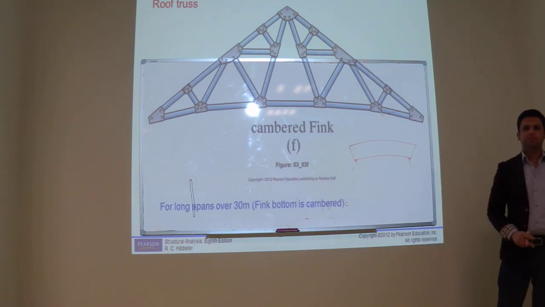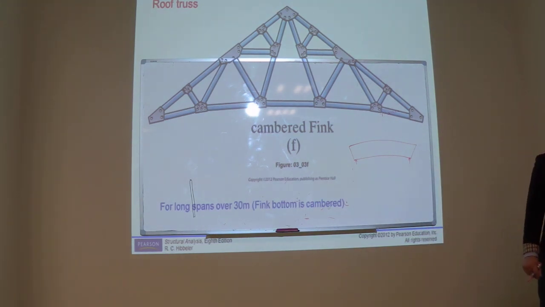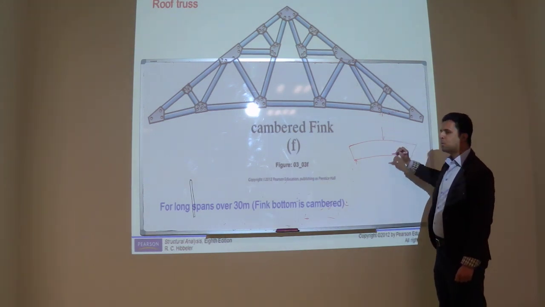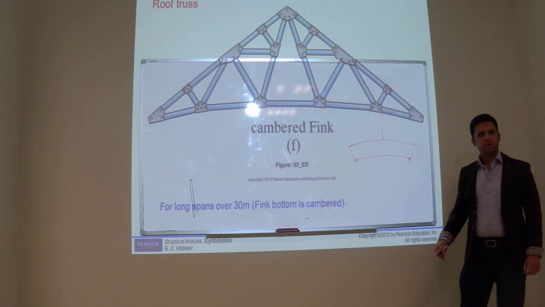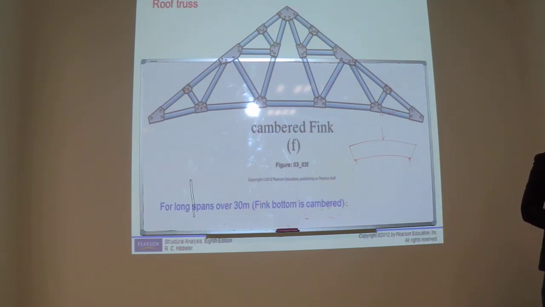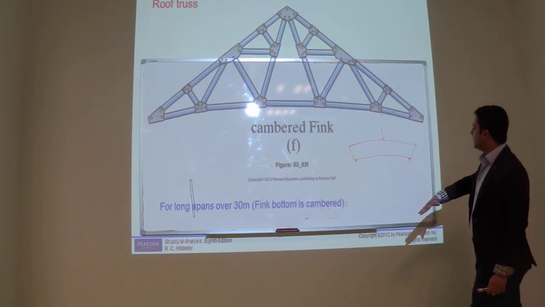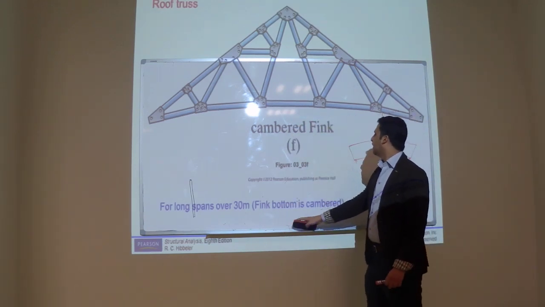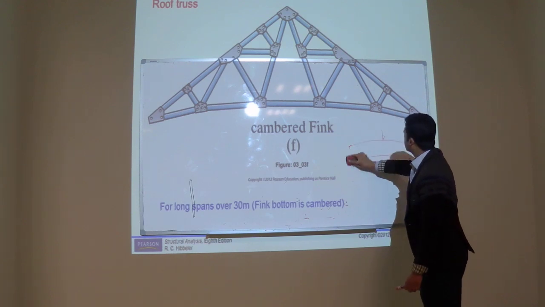Maybe to prevent bending moments. So now it can take more bending moment. Okay? And it will reduce the deflection. We do this technique for pre-stressed concrete structures. It is also known as pre-stressing. So in pre-stressing, we give a camber like this. If you see, the bottom chord has been given a camber.